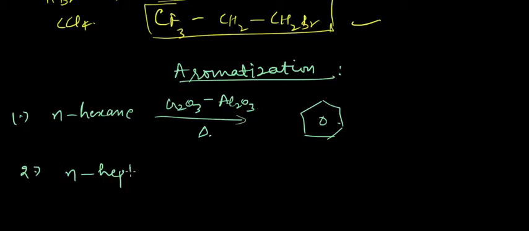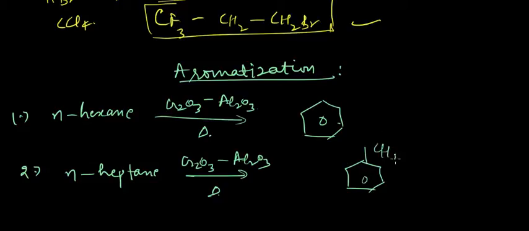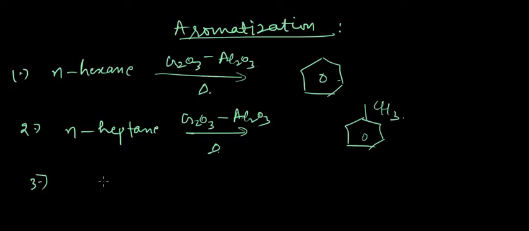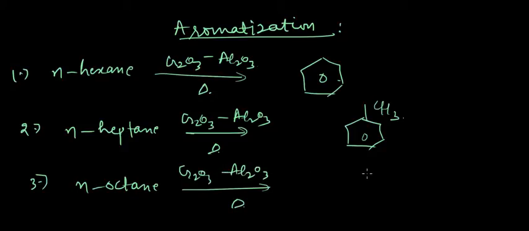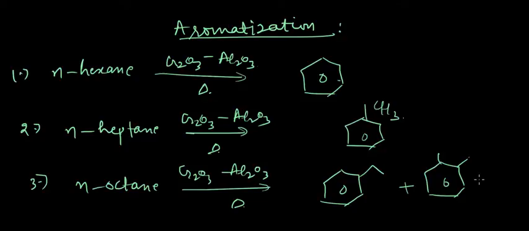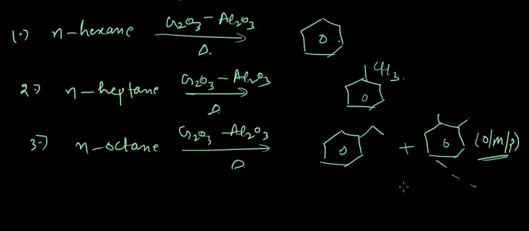Similarly, if we take n-heptane, again in the presence of Cr2O3 and Al2O3, if we heat it, again it will form toluene. And third, if we take something like n-octane, again if we react with Cr2O3 Al2O3 and we heat it, we'll get something like either this, or we'll get something like this. Obviously we can rotate it in ortho, meta, para combinations and get more results.